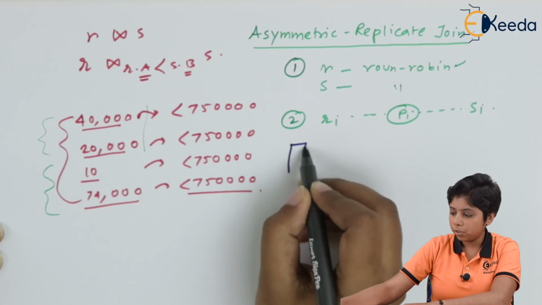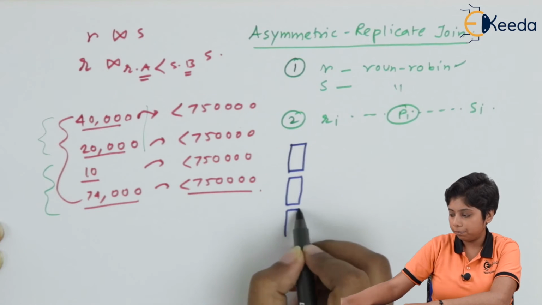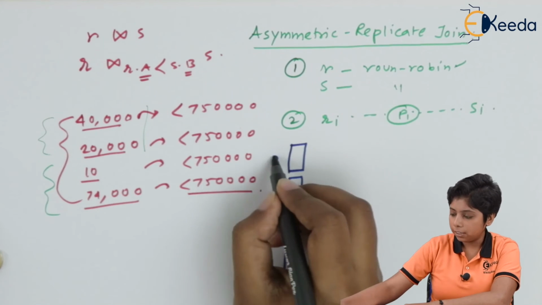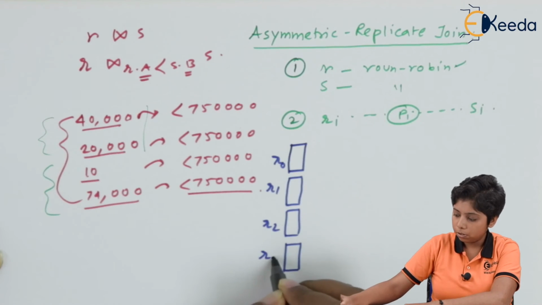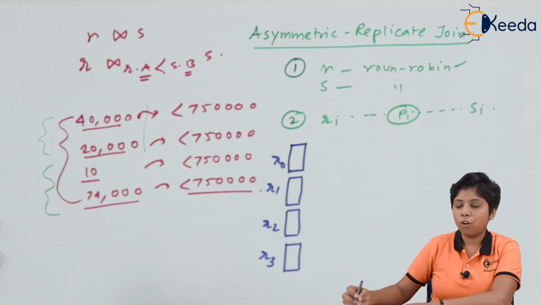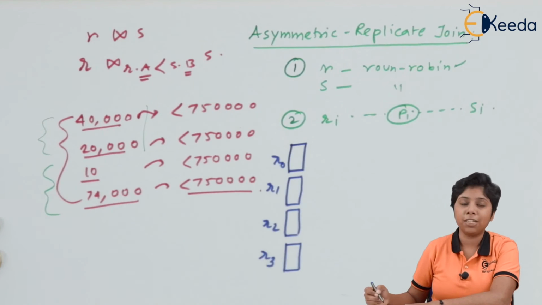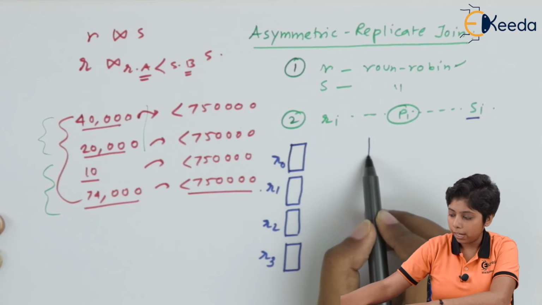Say, for instance, we have 4 partitions on the relation R, that is R0, R1, R2, R3. For each of the instances, R0, we need to look at the relation S. That means now my Si becomes the whole S.